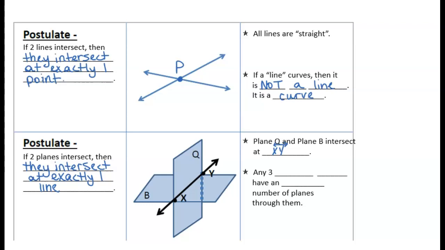That brings us to the next point, which is any 3 collinear points. So maybe points X and Y and maybe point Z in here. They're collinear because they all fall on the same line. Any 3 collinear points have an infinite number of planes through them.